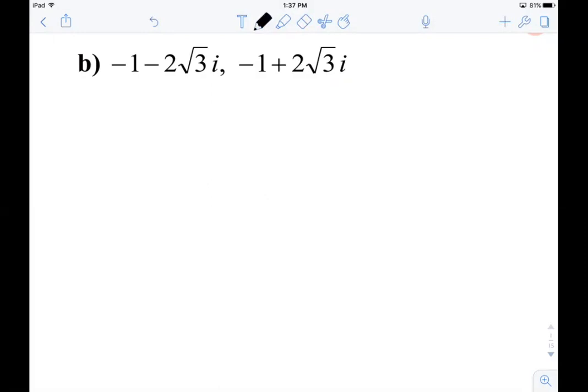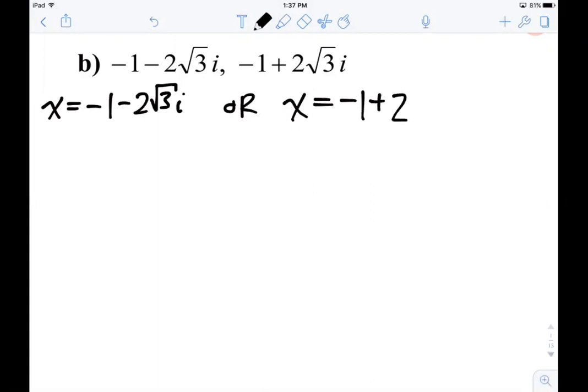So if those are our two roots, then it's clear that one of the x values that works is -1 minus 2 root 3i. And while we're at it, x could also equal -1 plus 2 root 3i.